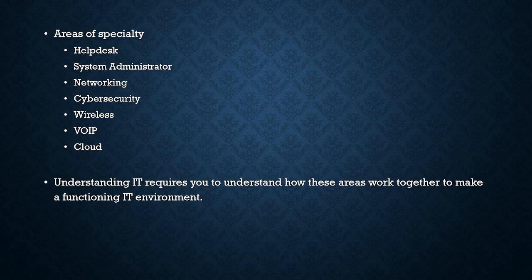And this is a very in person job. So if you get into networking, more than likely you're going to be on site most of the time. System administrator, help desk can be done over the phone. These are more likely to be remote jobs. Networking does the job so that other people can be remote.